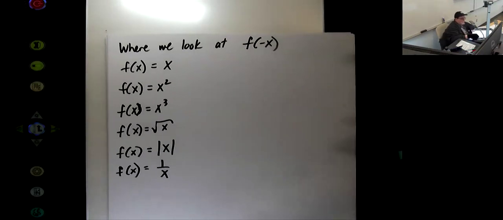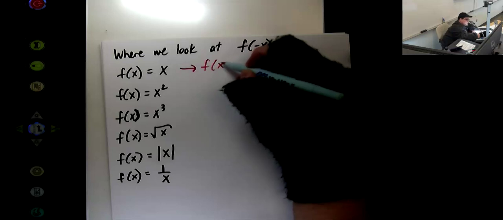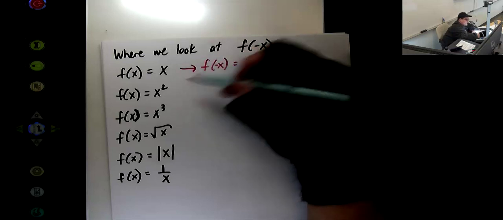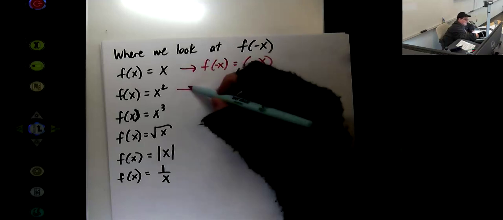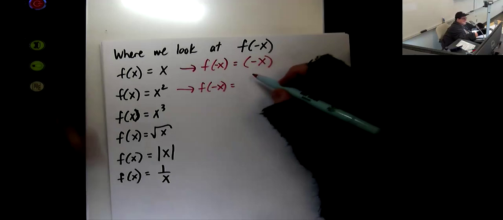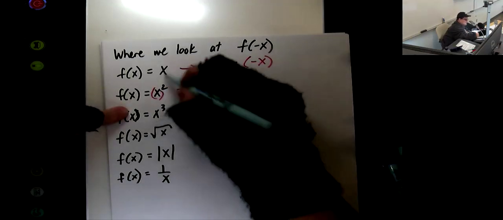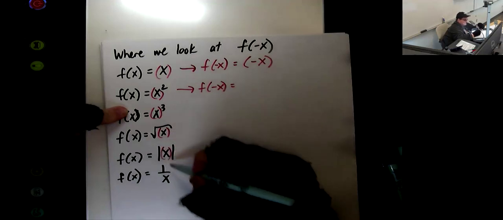So when you're trying these for negative x, what you should do is take a function and stick in negative x, just the way it shows. I'm replacing just the x with negative x.